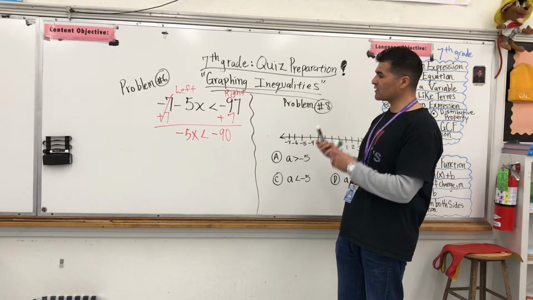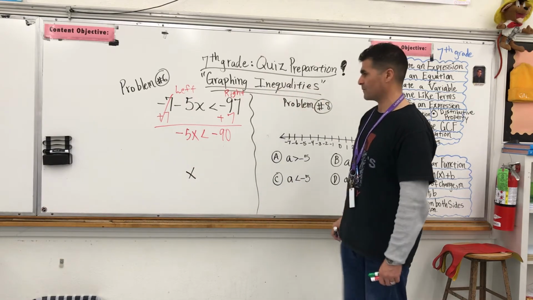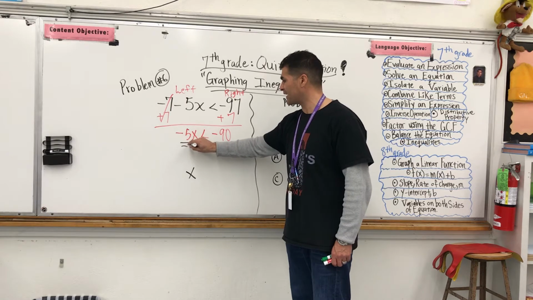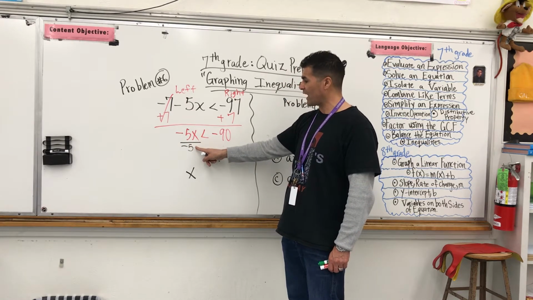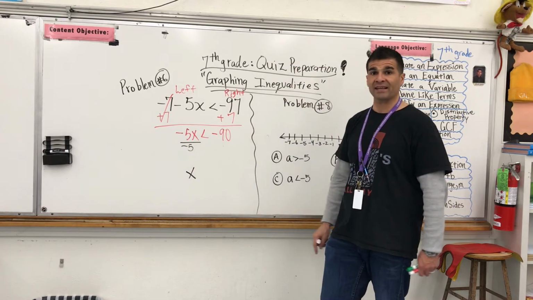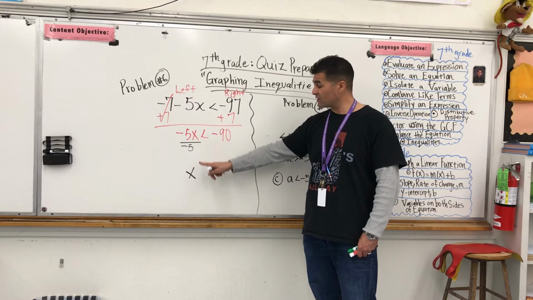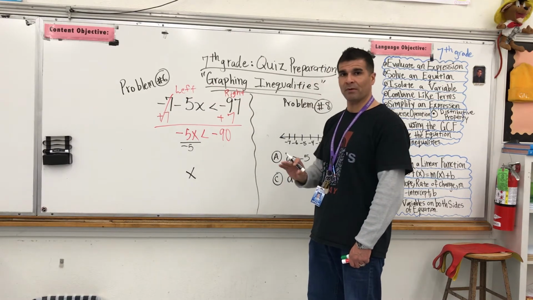Well, if I'm going to totally isolate the variable, this means I only want 1x. So in order to get 1x, I can divide by -5. A -5x divided by a -5 gives you a +1x. This x is now an isolated variable. There's nothing on the left side of the inequality but just one +x.